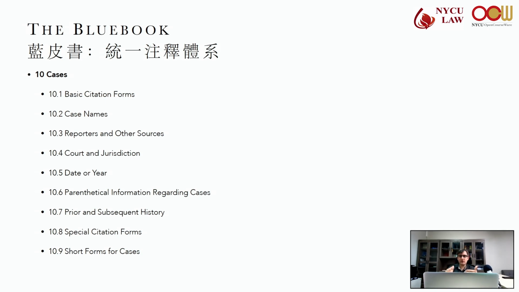This becomes Clark, comma, unique database identifier, comma, at, and then the pin cite. Same with the Albrecht case, becomes Albrecht, comma, database identifier, comma, at pin cite. And recall that the short form uses italics.